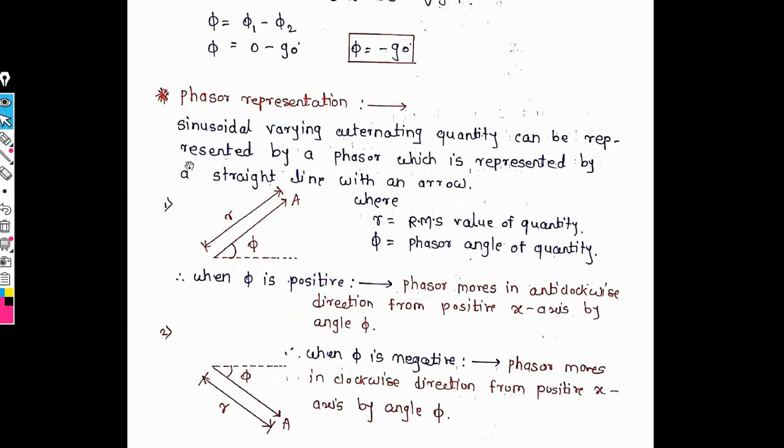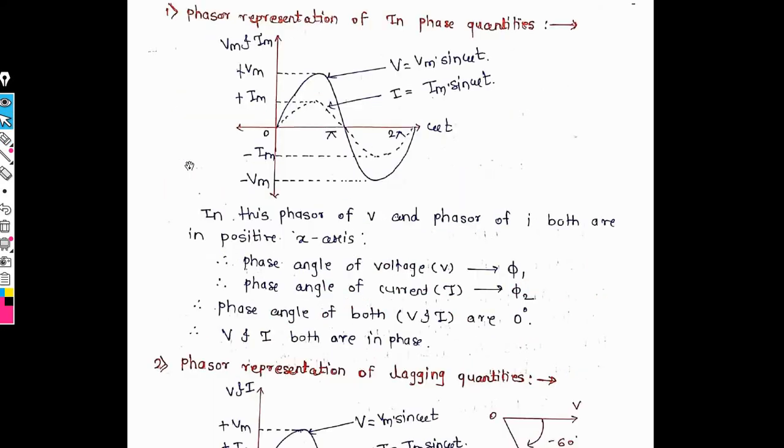Okay, then phasor representation is also classified into three types: zero phase quantity, lagging phase quantity, and leading phase quantity. This concept is the same as that of phase angle and phase difference.